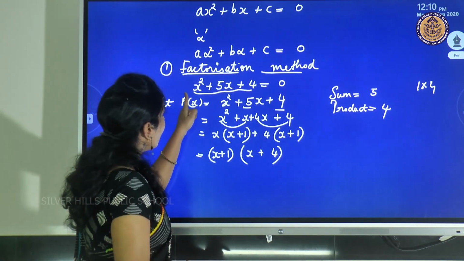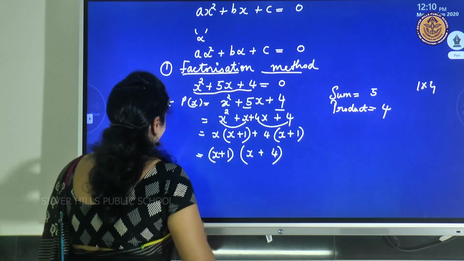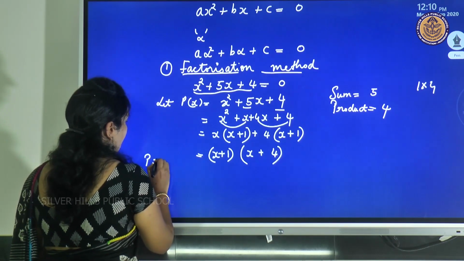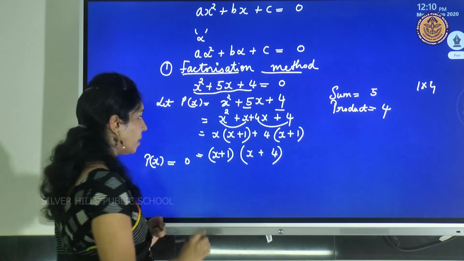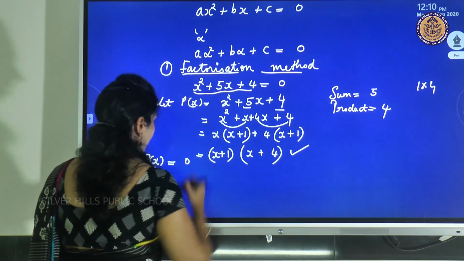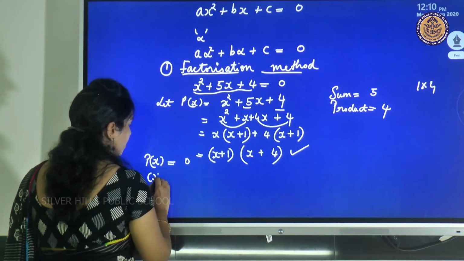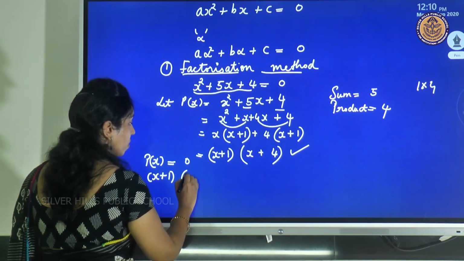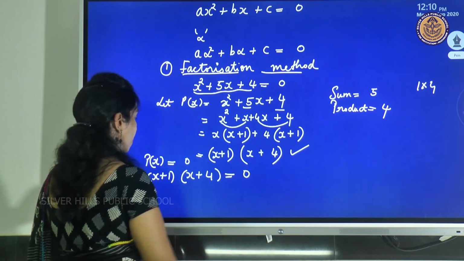Now we need to find the roots of this equation. So I am just equating P of x equal to 0. What does that mean? This is our P of x, that is x plus 1 into x plus 4 equal to 0.